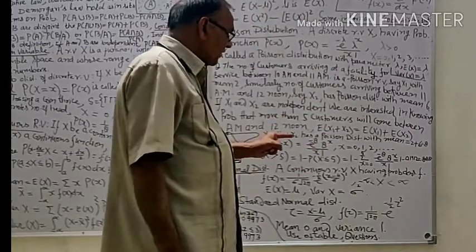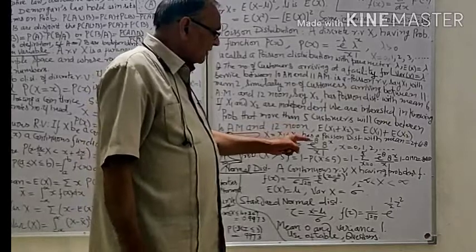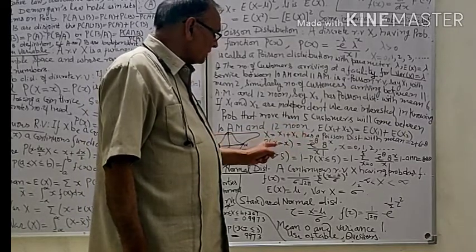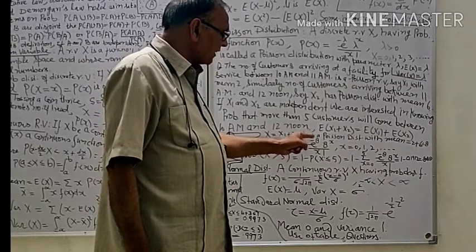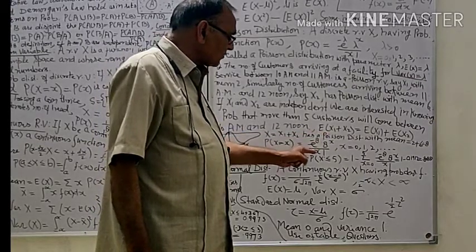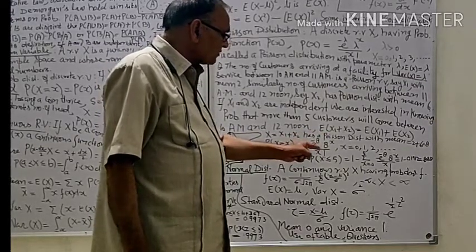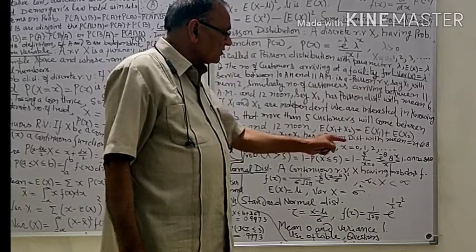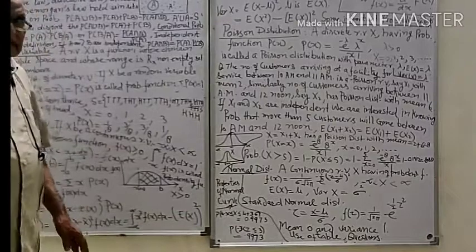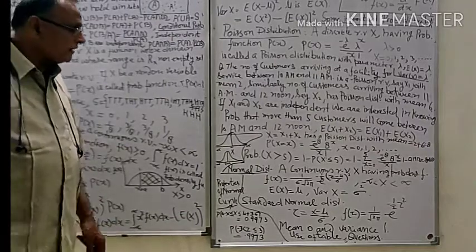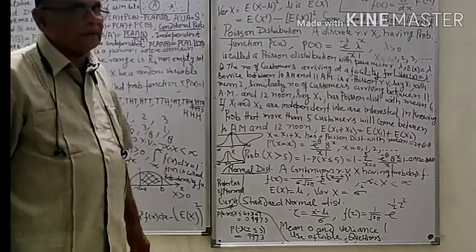So now lambda is 8, and the probability that X is equal to x is e to the power minus 8, 8 to the power x over x factorial, where x is equal to 0, 1, 2, and so on. Now we have been asked to find the probability that X is greater than 5.